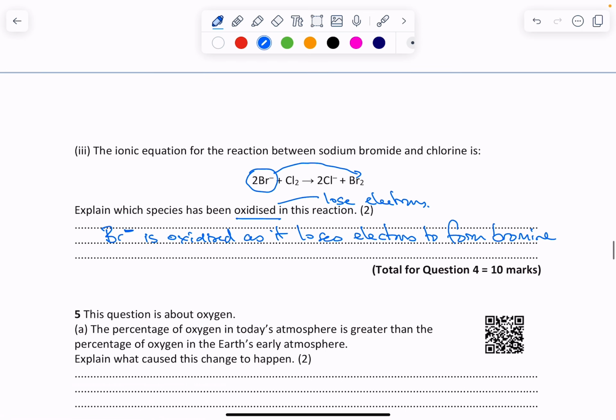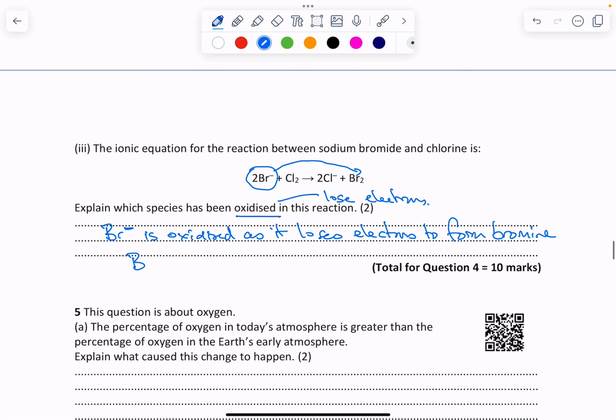Okay, and if it helps maybe to visualize it, I've got my Br-, and that's forming Br plus the electron, so that's Br2. I've got 2 lots of that, 2 lots of that, and that would be the equation for that reaction.